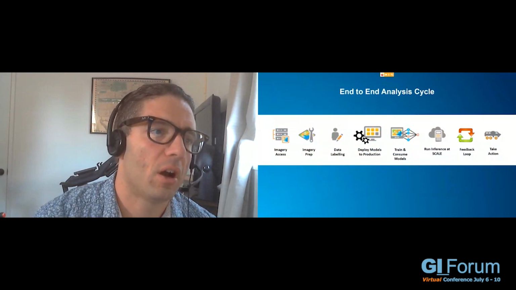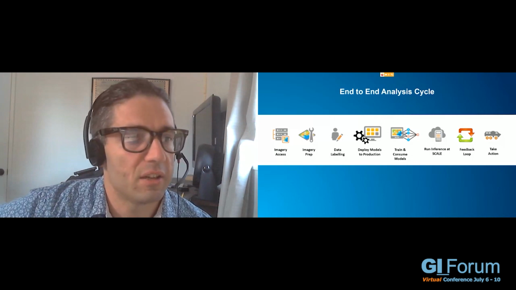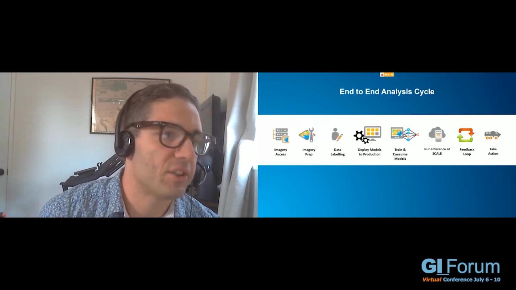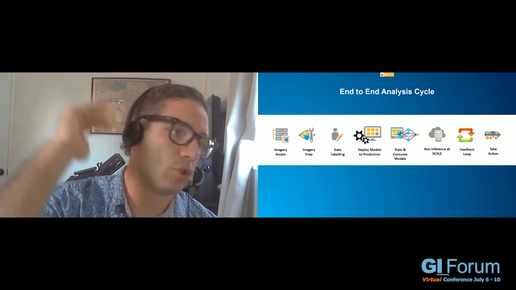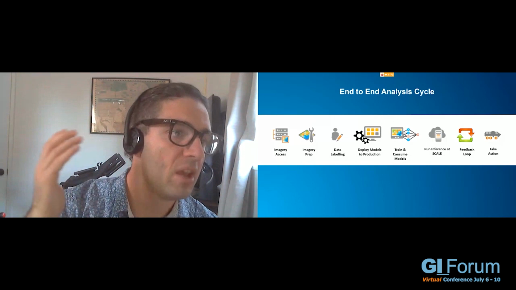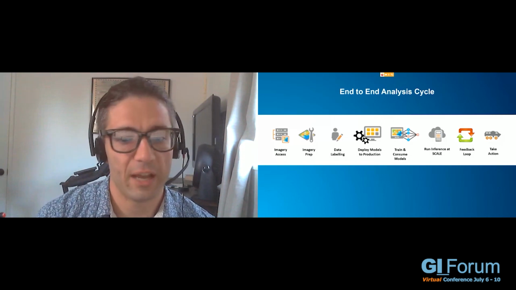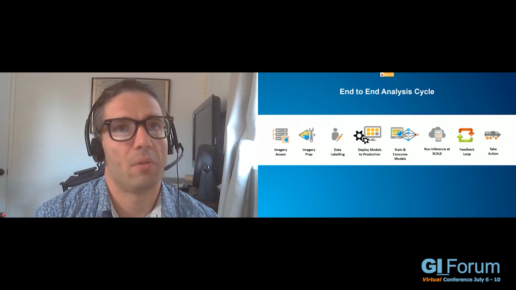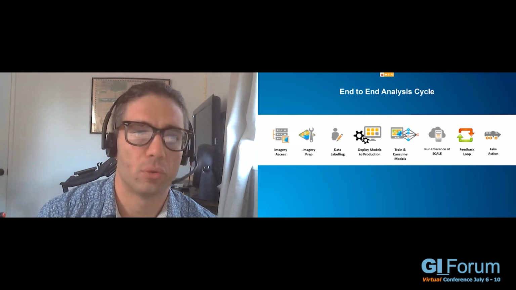And when we think about how this works end-to-end, in terms of this analysis cycle, we basically need access to imagery. For example, if you're using Living Atlas, you will not have this problem, but you basically need to make sure that you have satellite imagery. We prepare this imagery data, remove erroneous cells if we have them, and make sure that all the different rasters, if we have multiple rasters, are in the same resolution, and so forth.